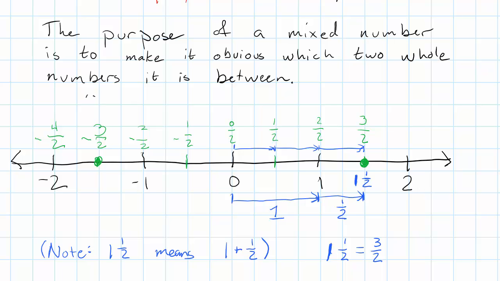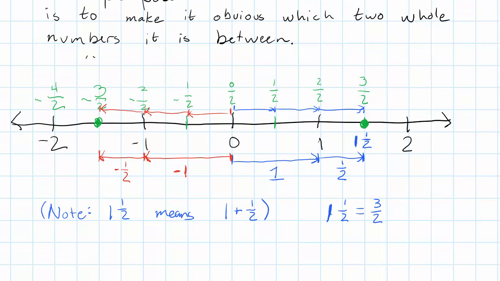Similarly, to get to -3/2, I could go -1/2, -2/2, -3/2. That's what it means to say I have -3/2. Or I could go out to -1, and then -1/2 beyond that.